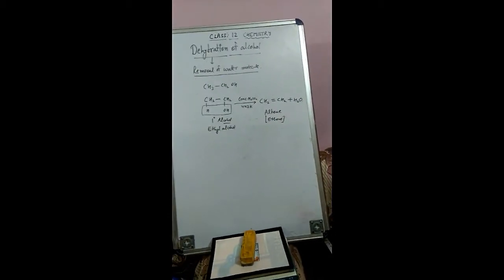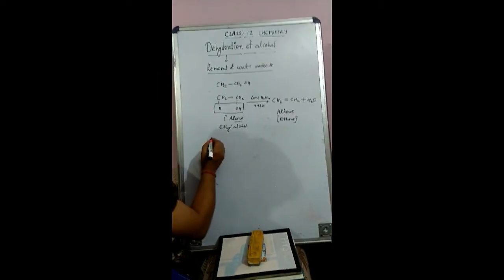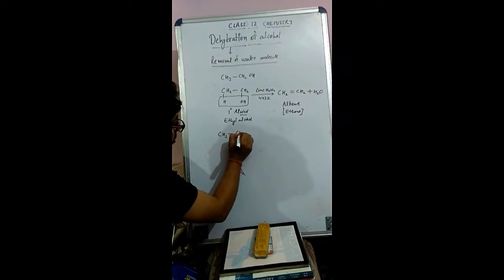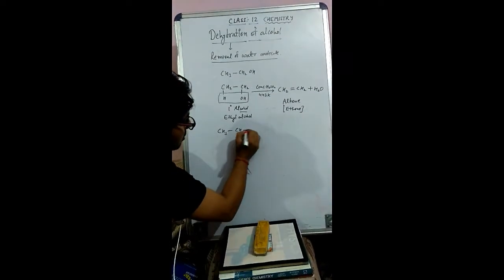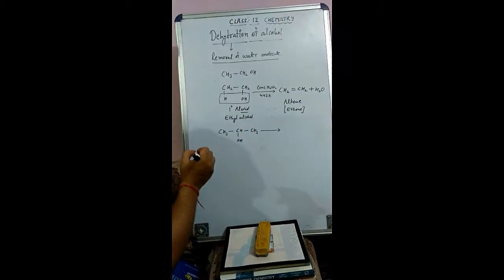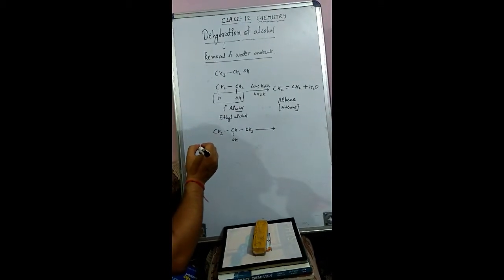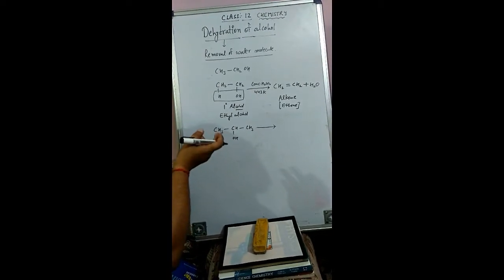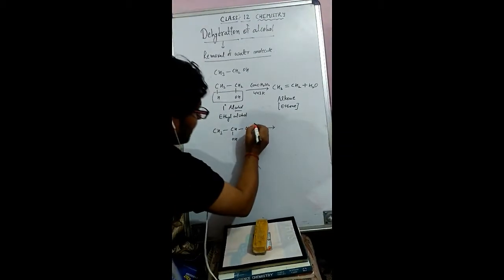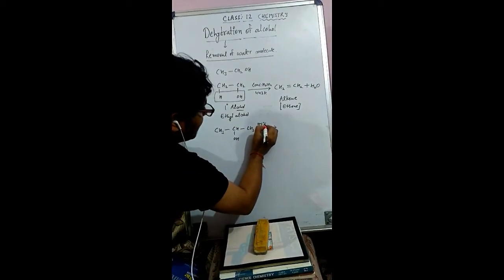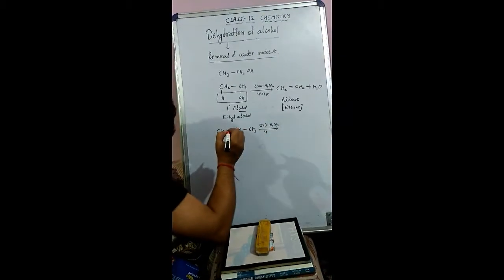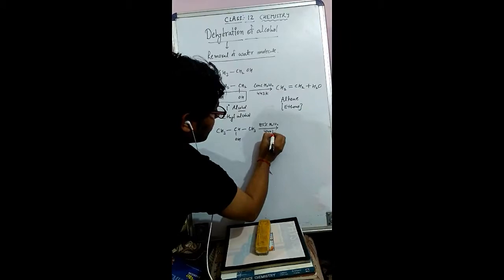Suppose I have taken here a secondary alcohol. The secondary alcohol is CH3 single bond CH single bond OH single bond CH3. Same, it is also in the presence of H2SO4. It's not necessarily 100% concentrated H2SO4, it can be 85% concentrated H2SO4, and the temperature is 440 Kelvin.